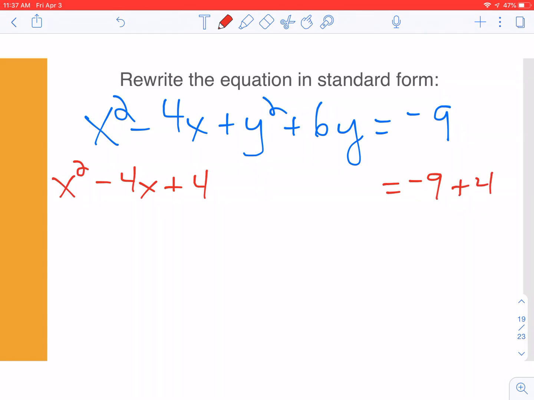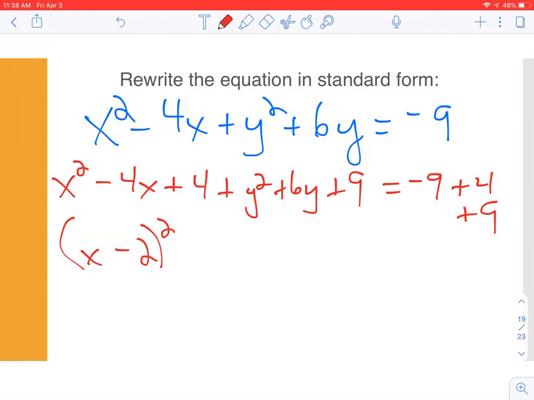I'm going to add a 4. Plus y squared plus 6y. Half of 6 is 3. 3 squared is 9. I'm going to add a 9. So I get (x - 2) squared plus (y + 3) squared. The 2 and the 3 were half of the 4x and 6y. That's the shortcut. And that's going to equal 4.